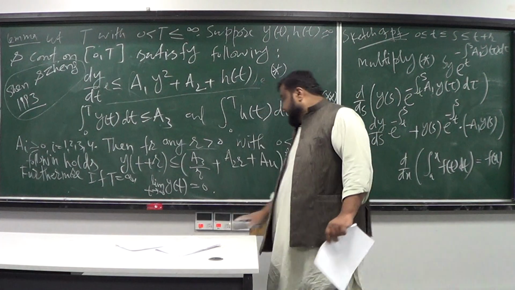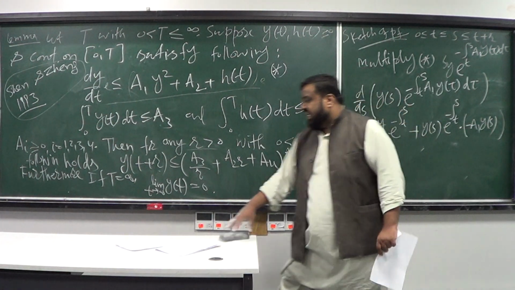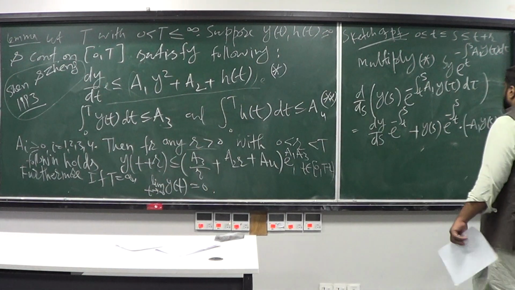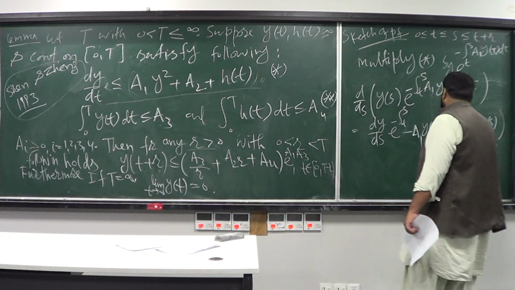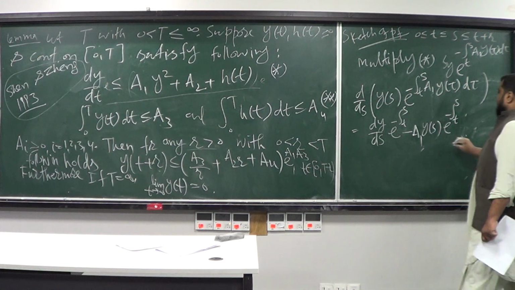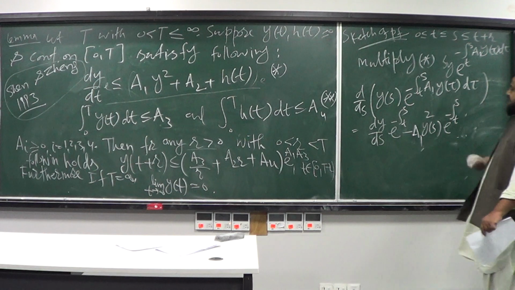And if you simplify this expression, you get an interesting thing: you will get, say, minus a1, and this y of s and y of s will become y of s squared. So if I expand this term, I'm going to get this term actually.